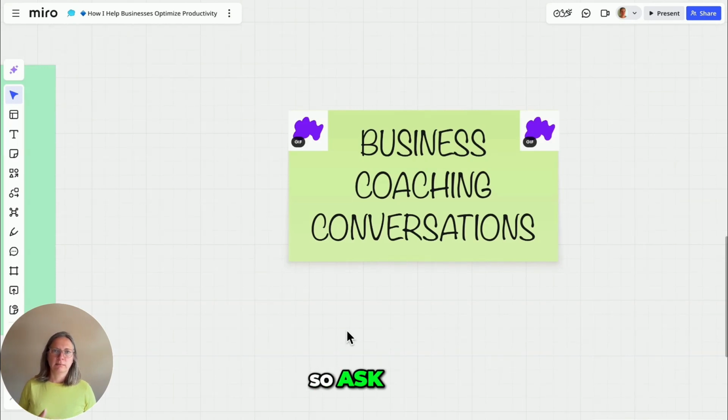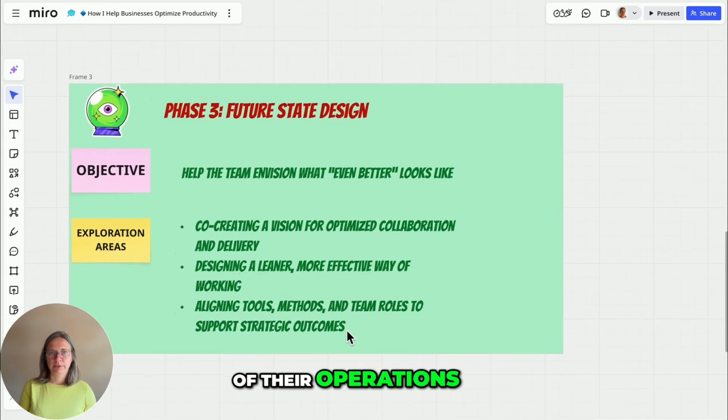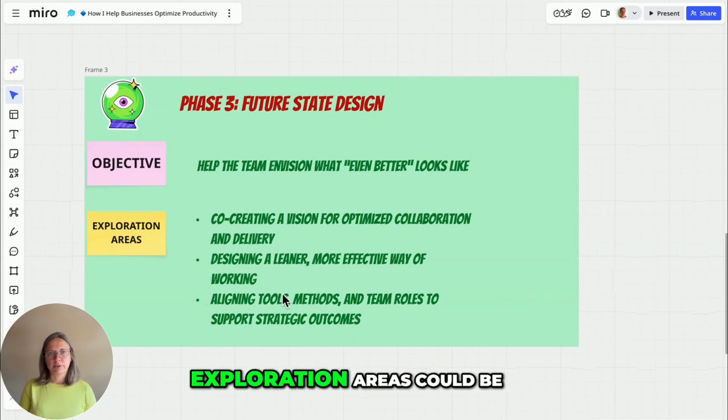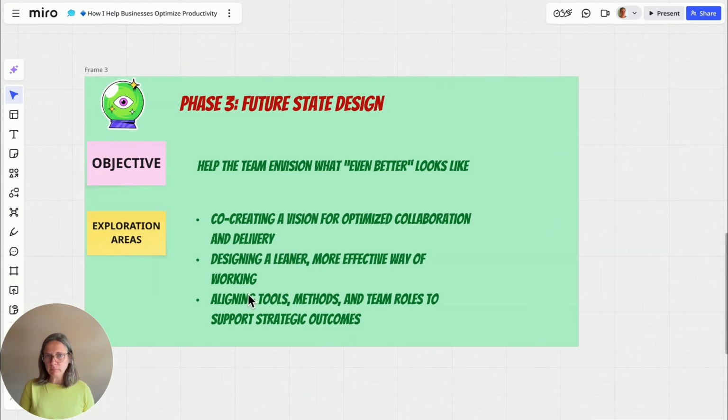So through asking these questions, I would help the business owners, management teams, or the teams themselves to define the ideal, even better than now, future state of their operations. So here, the exploration areas could be how we want to work in the future when it comes to product planning.